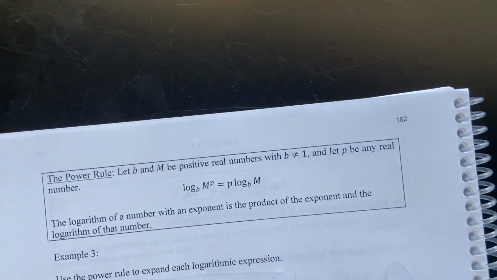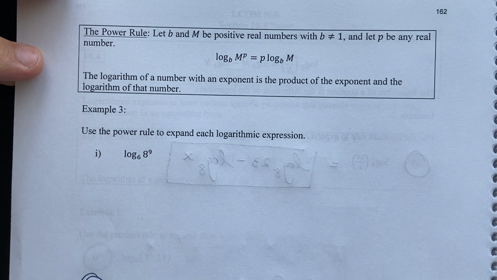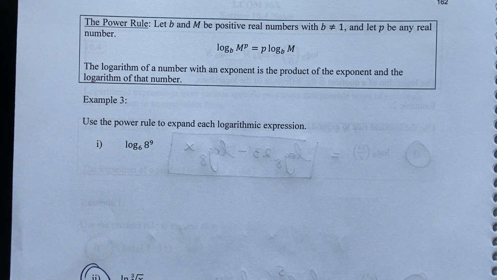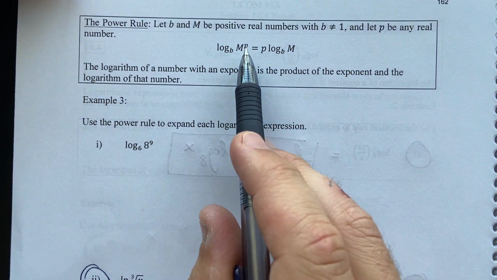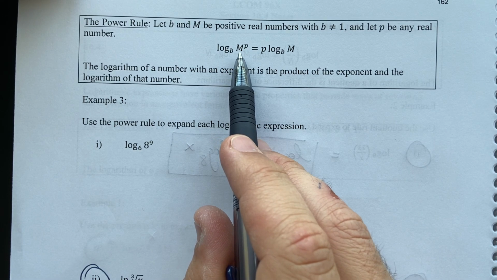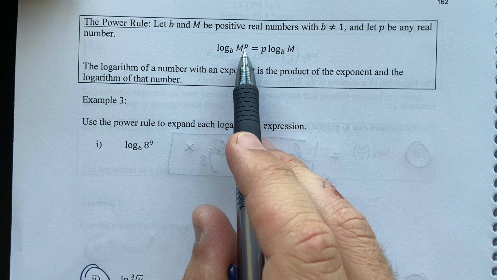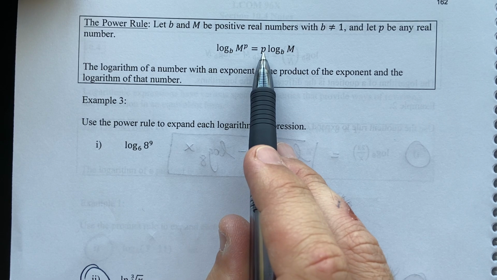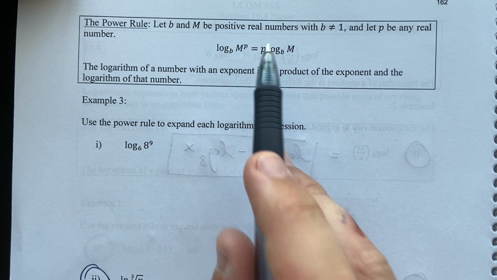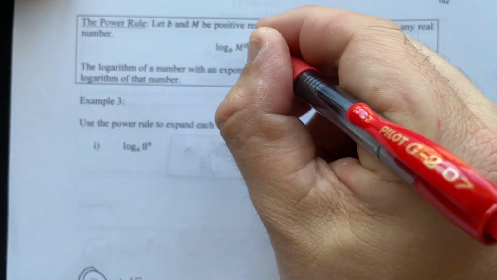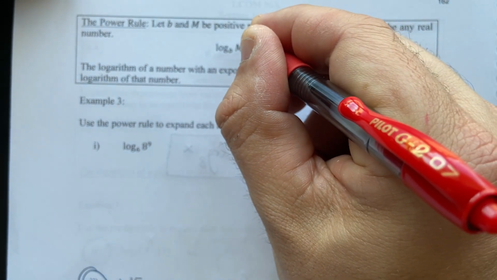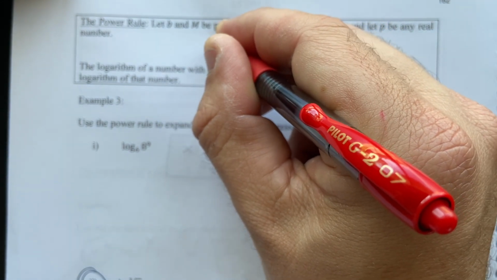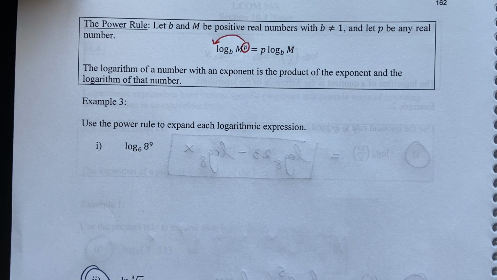There's another property here. So if you have logarithm base b of m to the power p, that power can actually come out front as a product. So you can actually take this power all the way out front, and it's the exact same thing.